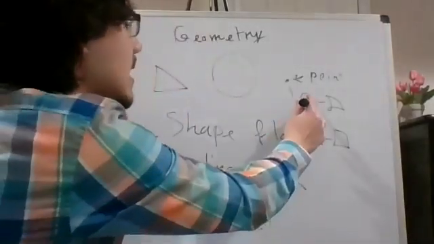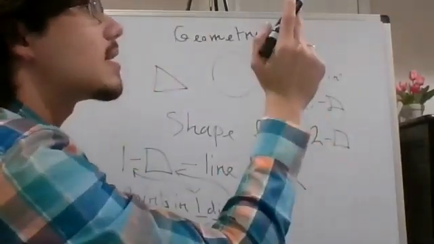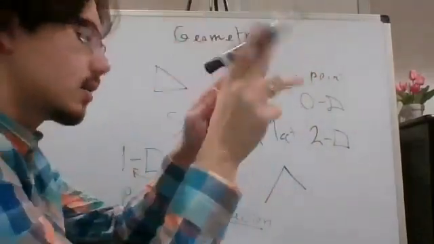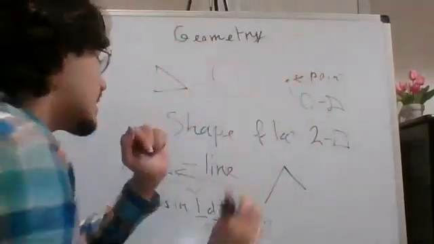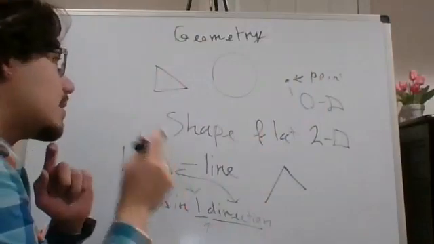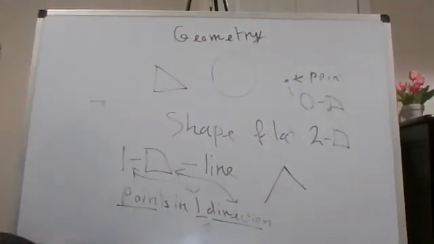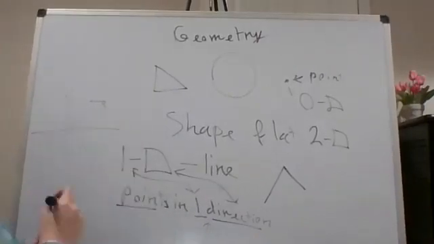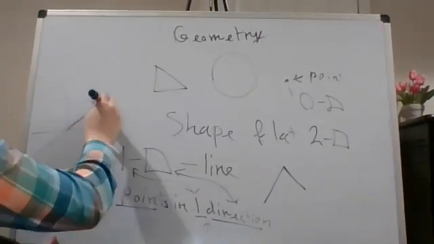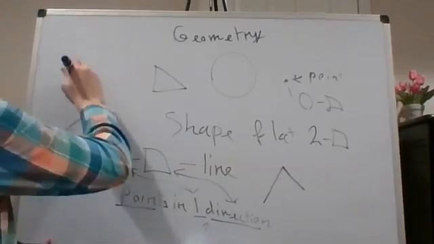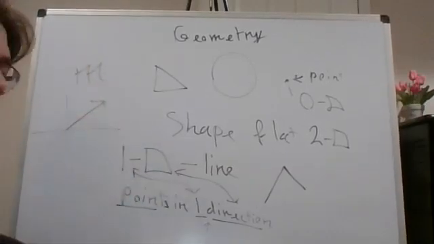That is why it is zero-dimensional. A point doesn't point towards anywhere. It's just where it is. A line does point in a direction, because if I had a line and we drew it on a graph, we would say that the line does have direction, and that direction would be the slope.